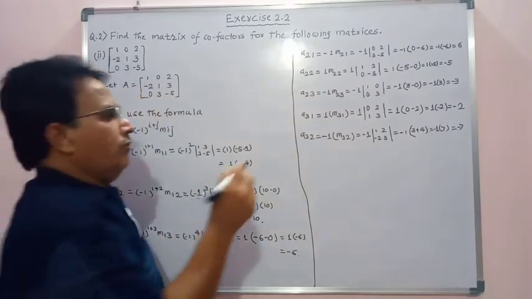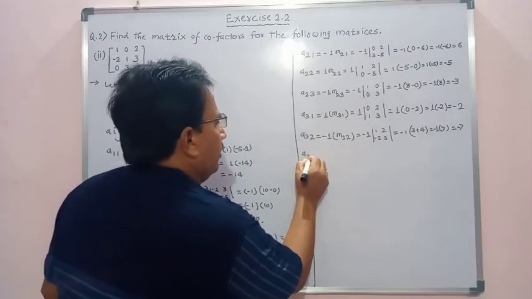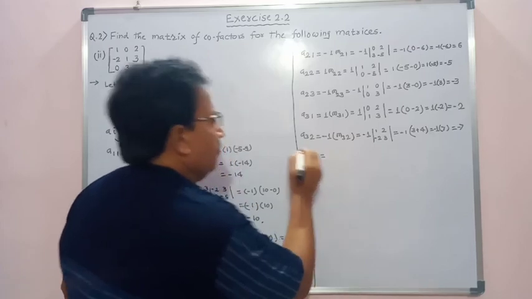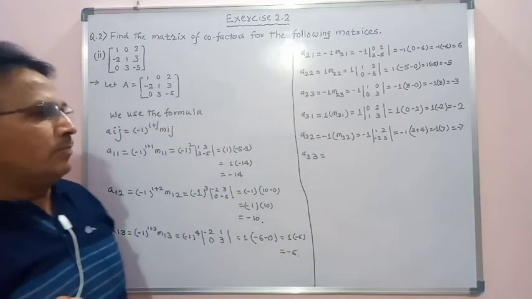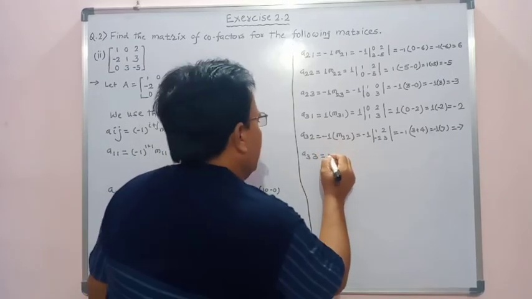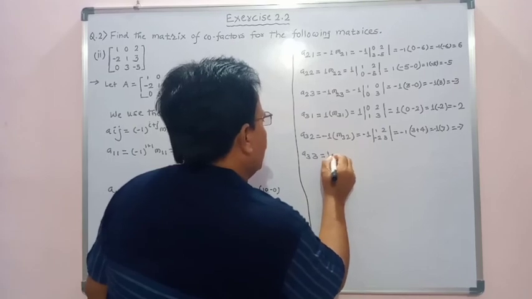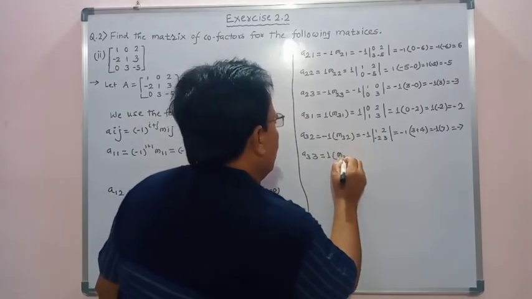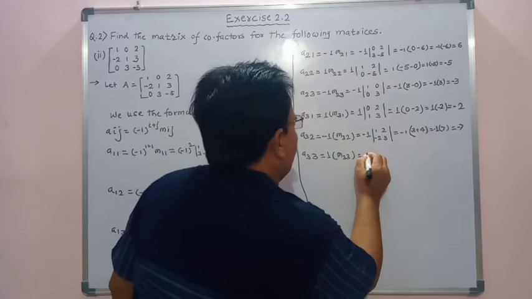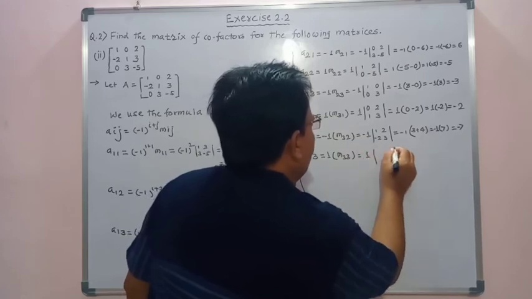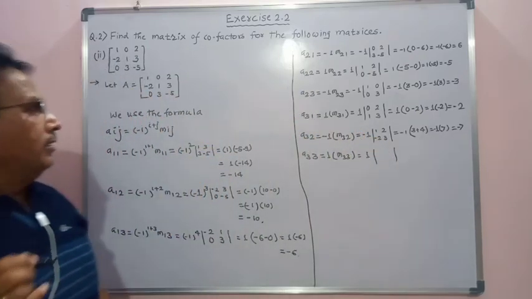And the last cofactor is A33. 3 plus 3 is 6, an even number. We directly use plus 1 into M33. What is the value of M33?